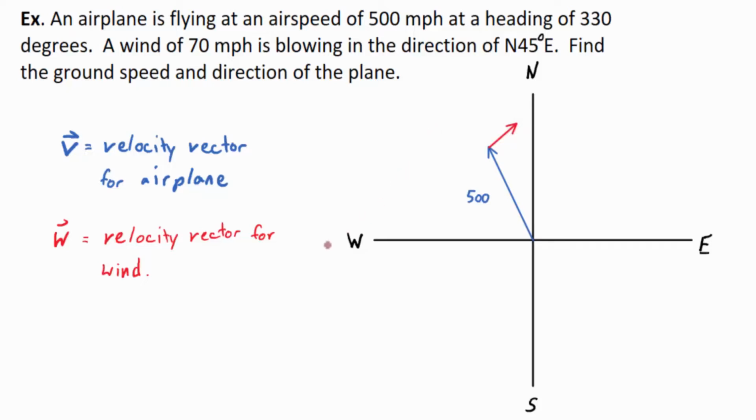And then the plane's true velocity vector measured from the ground will be what we call the resultant vector, which is the sum of the two vectors. So V plus W equals the plane's true velocity as seen from the ground.